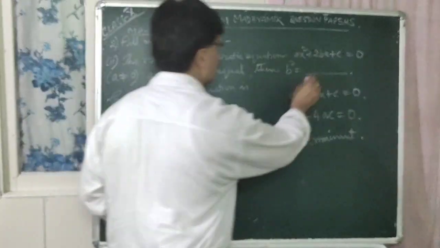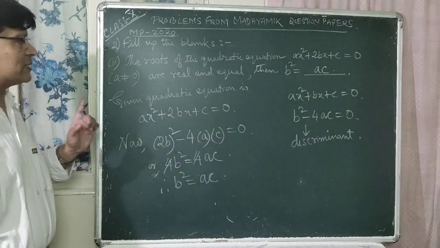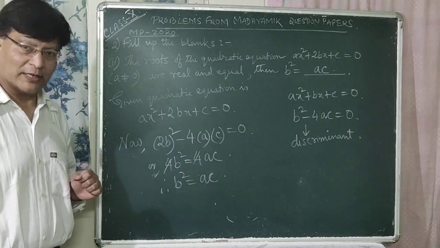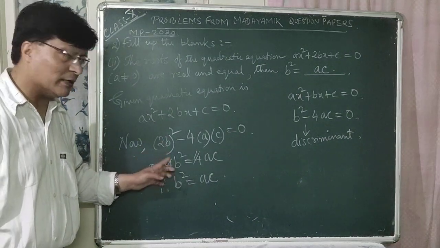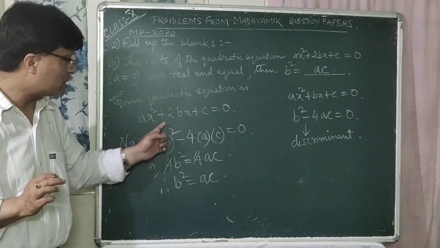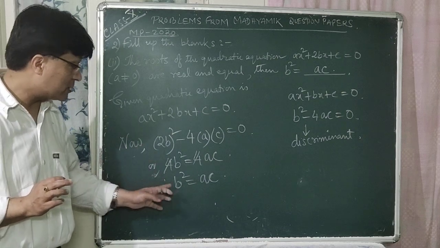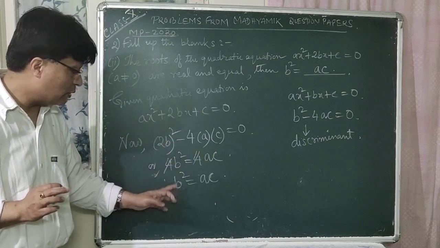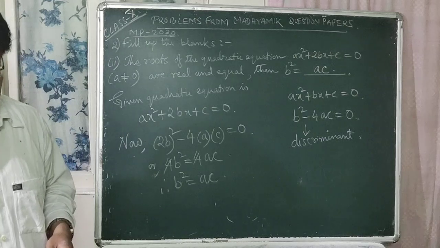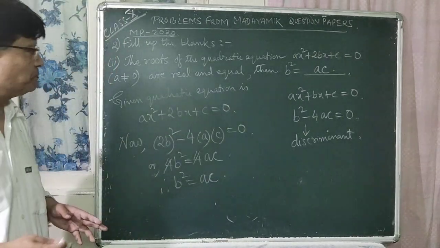Understood? So if you write only b here, the answer will be wrong, because instead of b, 2b is given here. So if you simplify it, you will get b square is equal to ac. Is it clear to all of you? So ac is the correct answer.